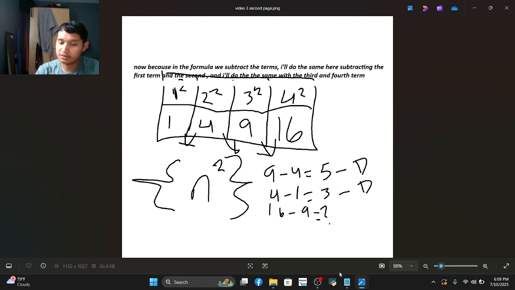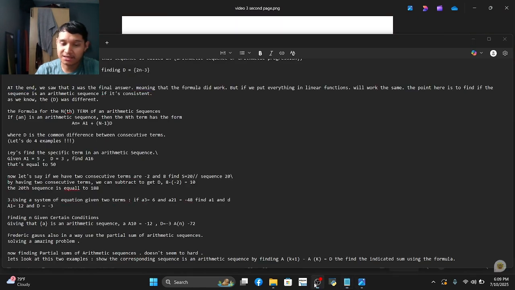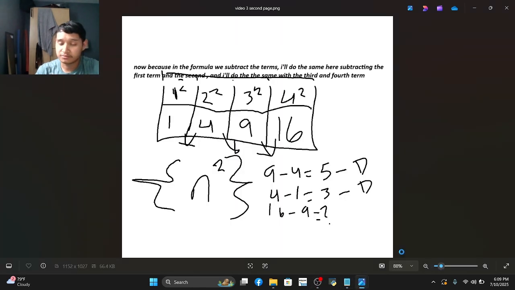So it's not consistent. If we graph this, we go up, we go down, we go a little bit more up. So it's not really consistent. We're not having the same results, so we cannot consider this one an arithmetic sequence.